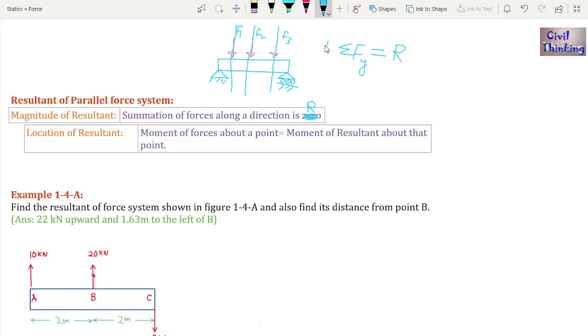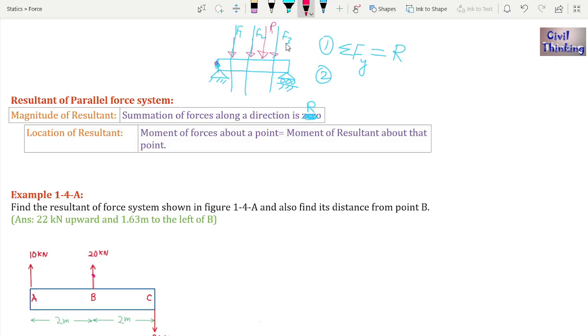This will be the first step, and the second step will be that the moment of forces about a point is equal to the moment of the resultant about that point. Now for example, let us say this point, okay? Now the moment of all these forces F1, F2 and F3 about this point is equal to, now the resultant will be, for example, if it is here, then the moment of this resultant about this point, they will be equal, okay?